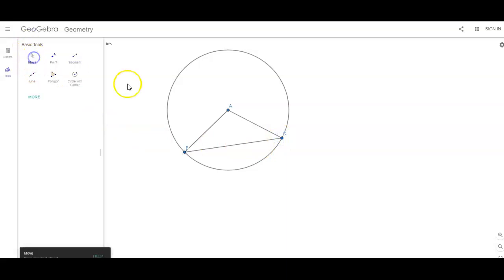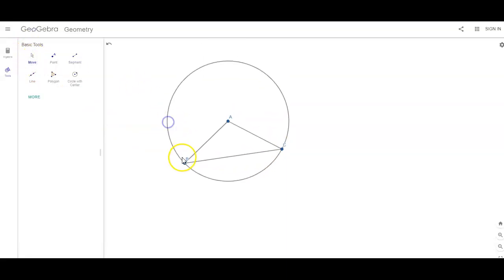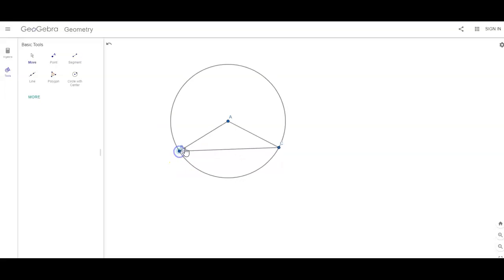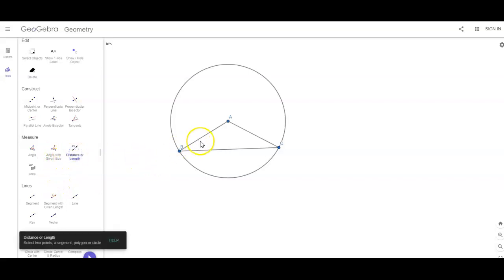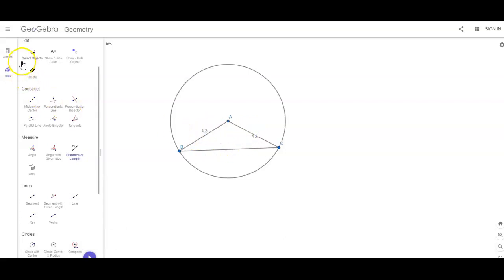And then I'm going to go ahead and connect these two points. Now, you're probably wondering why I am using a circle. Well, if you look here, if I go ahead and measure the segments, this segment is 4.3, and this segment is 4.3.